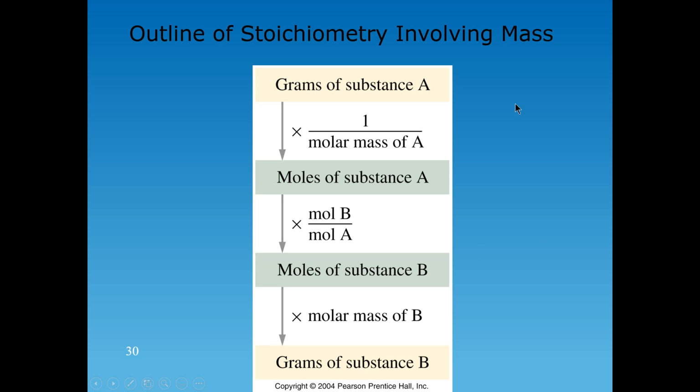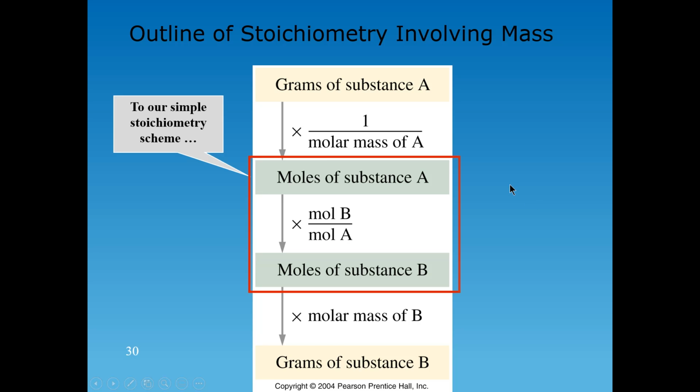So this just goes to show you that questions involving stoichiometry can come in different ways, and you have to be able to read the question, analyze it, figure out what the question has given you and what it is asking for, and then figure out how to get from what you're given to what the question is asking for, which would involve a series of conversion factors.